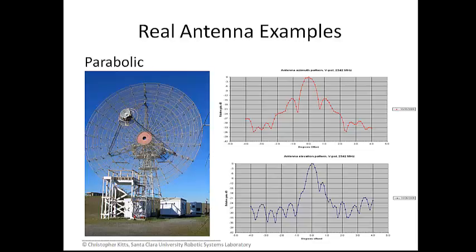But this is a 45 dB gain antenna, so very, very large antenna, very high gain, very directional. And if you look at that beam pattern, now this is spread out in a Cartesian plot as opposed to a polar plot, but you can see how tight this pattern is.